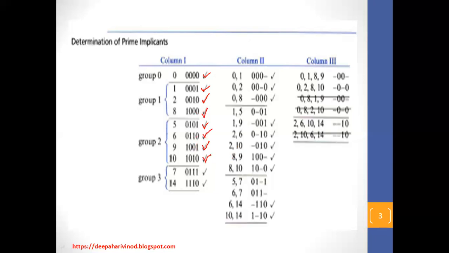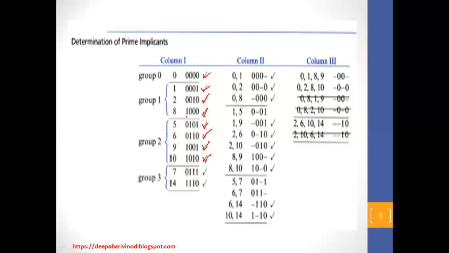It already has a tick mark, but it doesn't matter; you write it down after comparison. Then 8 and 10: of course you can compare, and we will get 10 dash 0. It also already has a tick mark, so you need not bother about it.